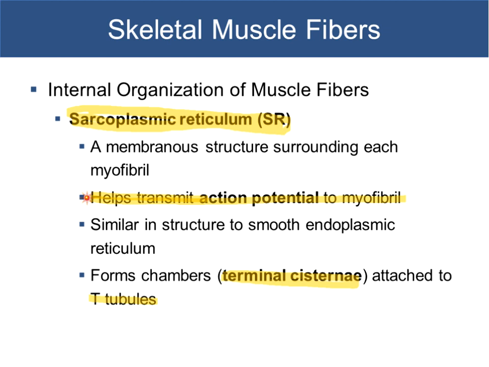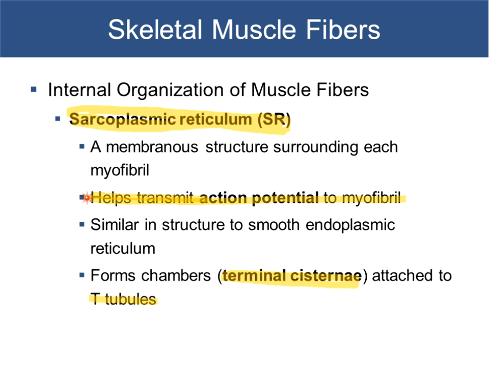The sarcoplasmic reticulum actually joins up with the transverse tubules, and it forms what we call the terminal cisternae. So you have two ends of the sarcoplasmic reticulum, and in the middle of them, you have a T-tubule. A chemical that is stored in the sarcoplasmic reticulum is released onto the myofibrils, the actin and myosin filaments, which propagates this change.